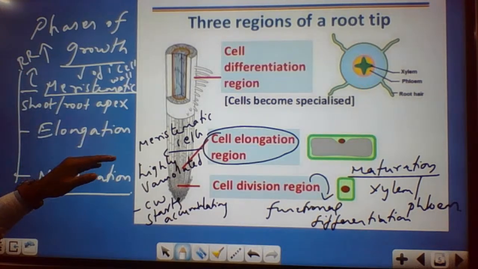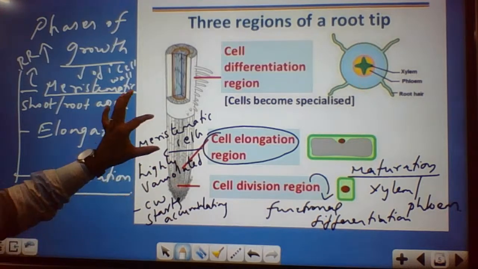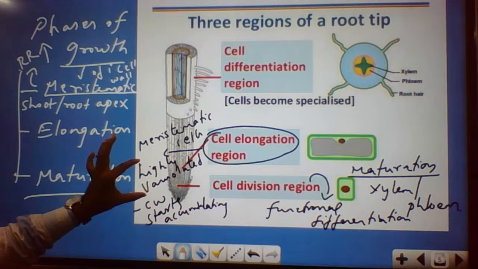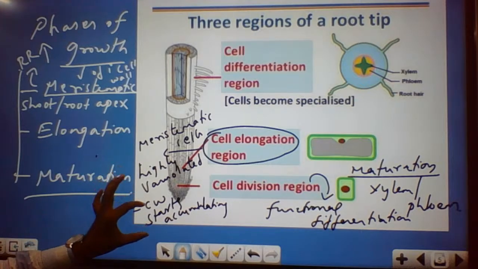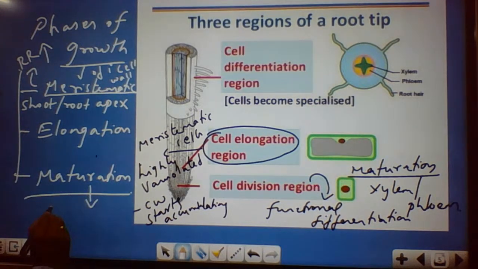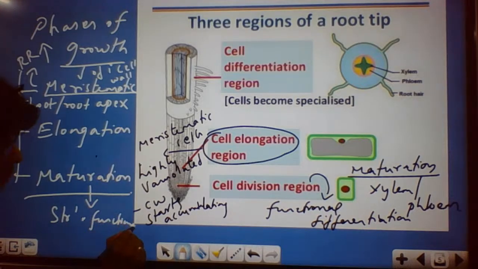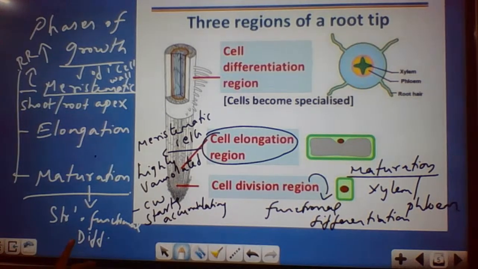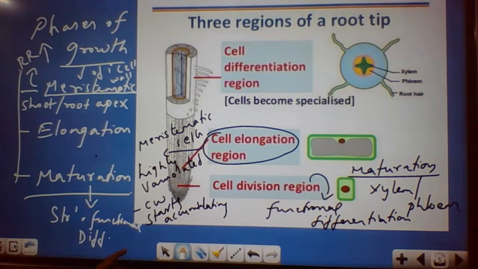I told you already about the elongation phase, which consists of meristematic cells that are highly vacuolated, and the cell walls start accumulating. Coming to the maturation phase, which undergoes structural and functional differentiation, once it attains maturity and reaches specialized tissue, for example xylem and phloem, there will be no more growth afterwards.